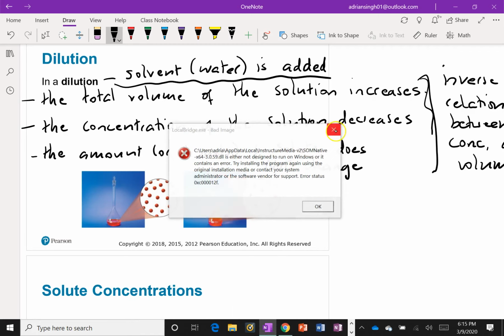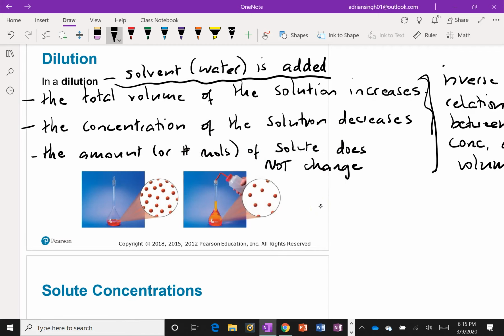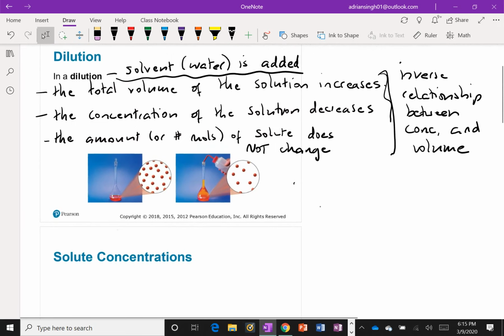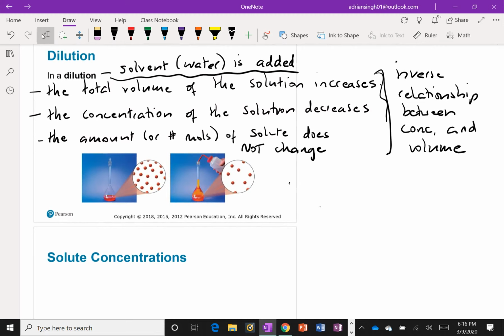Okay. So we can express that relationship just like the other inverse relationship that we saw in lab. Do you recall which of the gas laws was an inverse relationship? Boyle's. And what was Boyle's law?